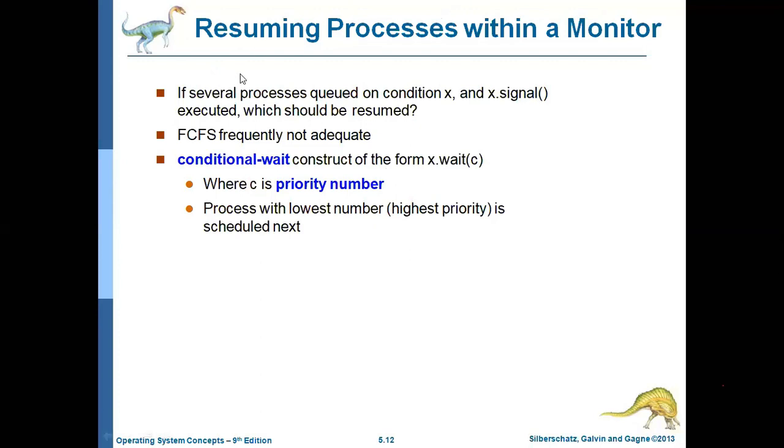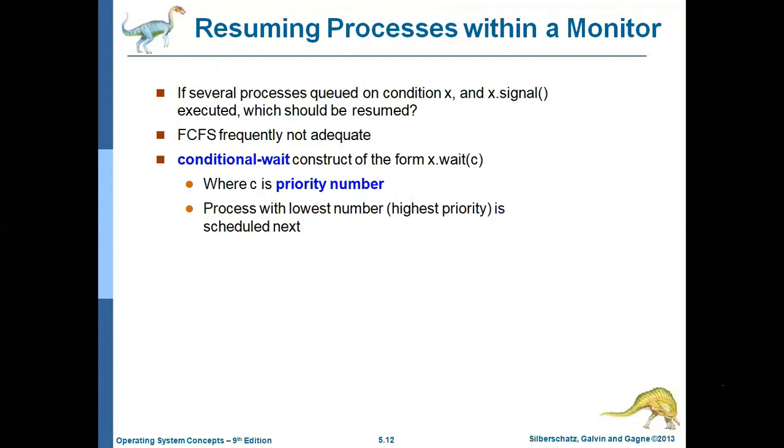And how to resume the processes within a monitor is nothing but this: if several processes are queued on condition x and x dot signal is executed, one should be resumed. So for resuming a process within the monitor, FCFS is frequently not adequate.